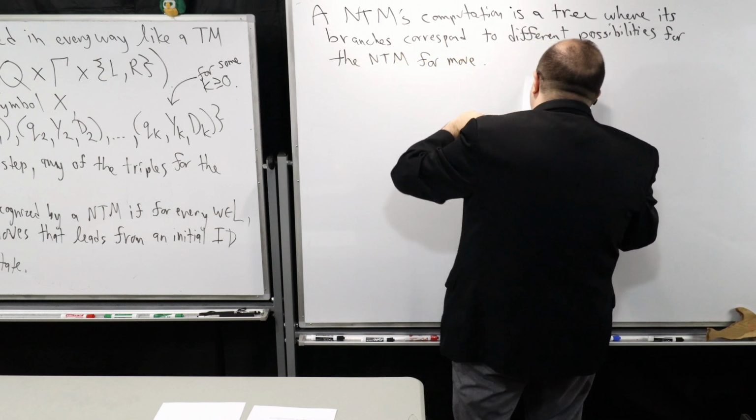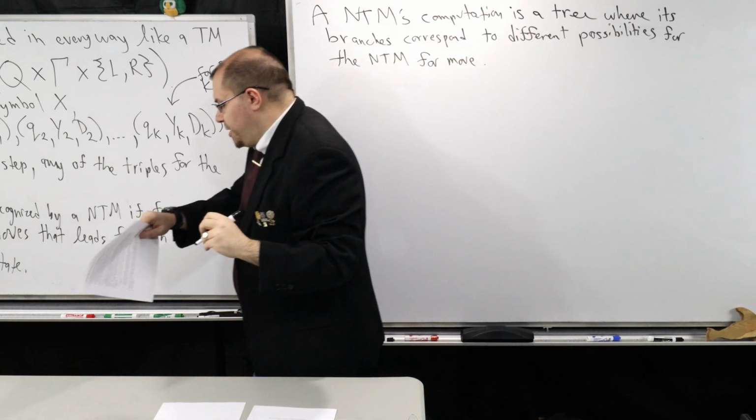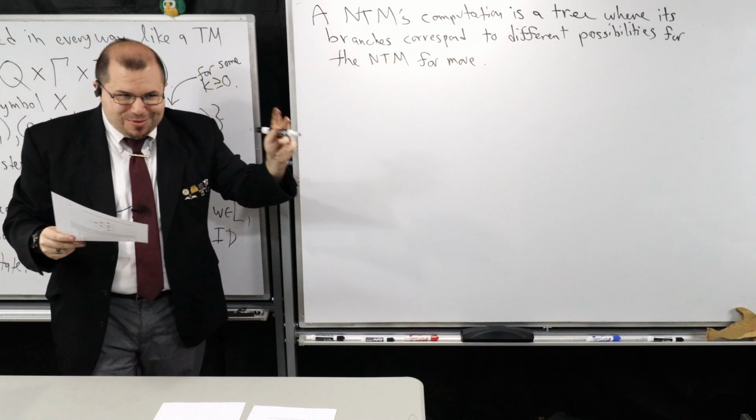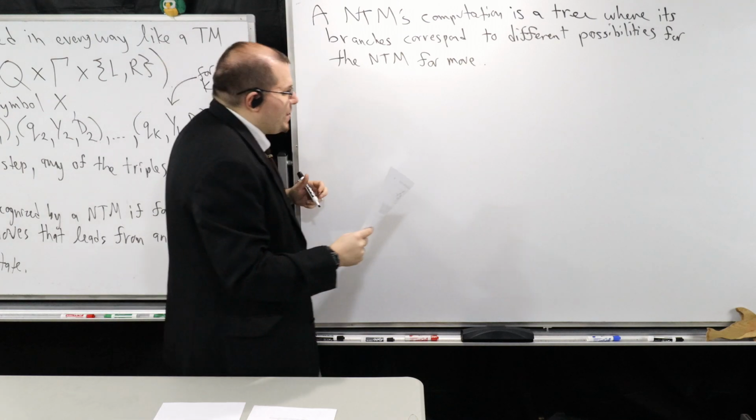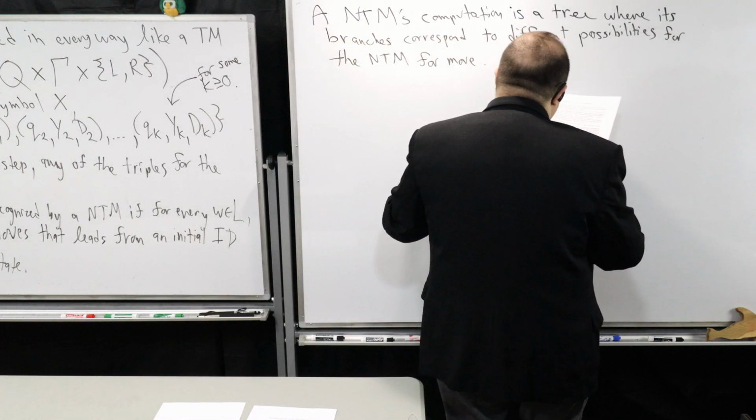So I'm going to draw you a picture, and I'm going to state a theorem for you, and if you give me 2 minutes, I could summarize everything we've been up to this point so that we could get to our next chapter of the course.